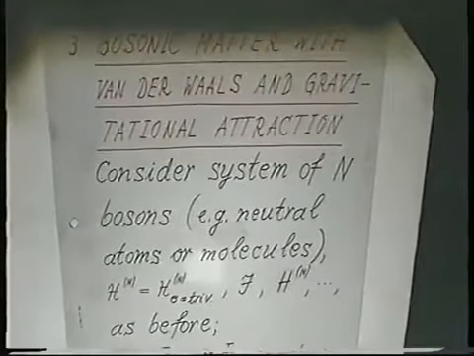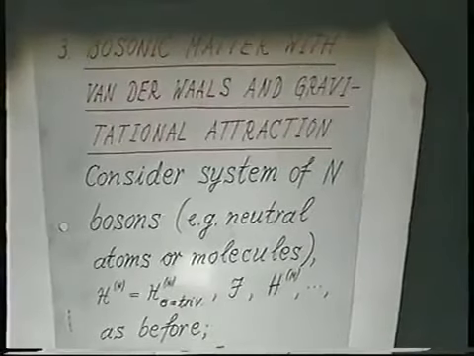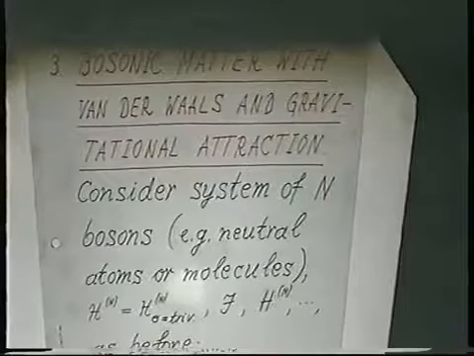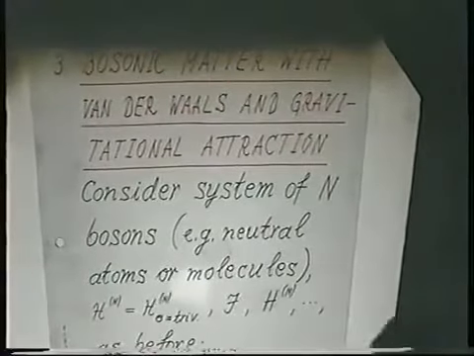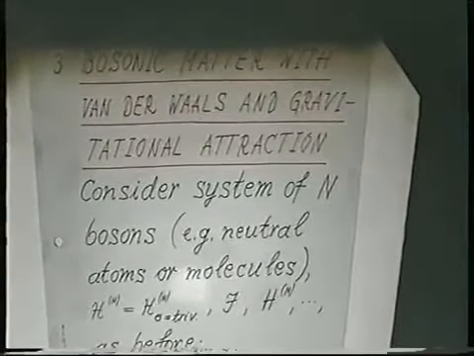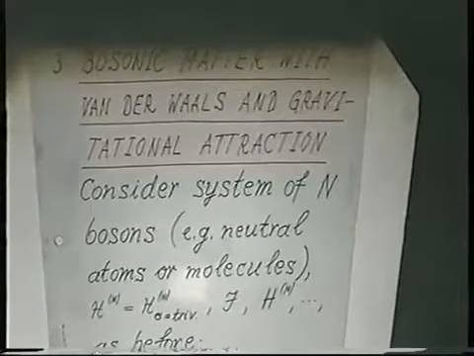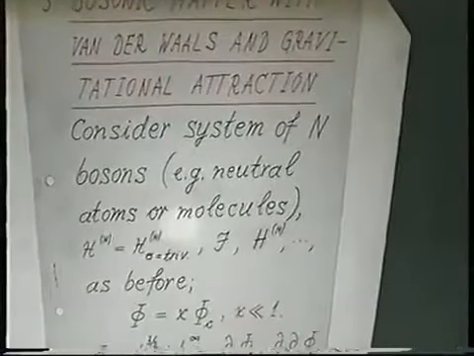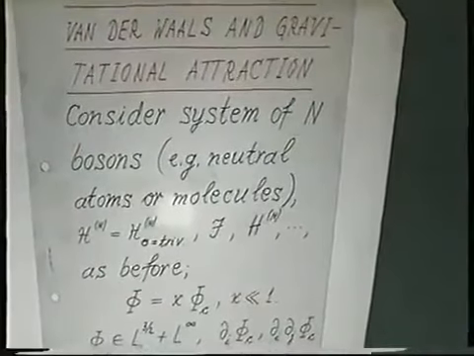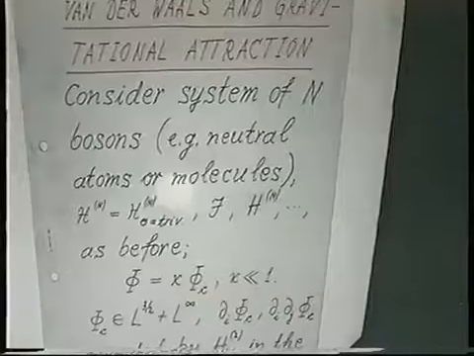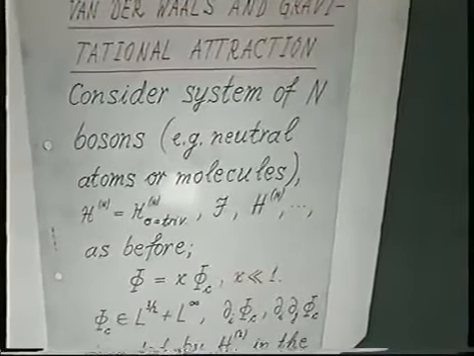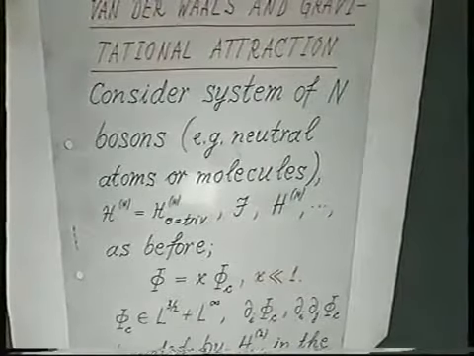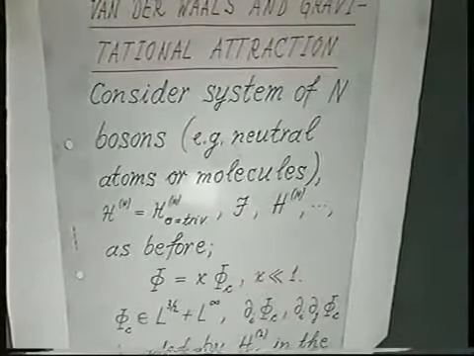So I consider a system of n bosons, for example, neutral atoms or molecules interacting via van der Waals attraction and also gravitational attraction. In fact, I think it's not uninteresting to include gravitational attraction. If I want to, for example, look at these little bosonic stars which have about the size of a mountain, then of course the gravitational interactions are perfectly relevant.